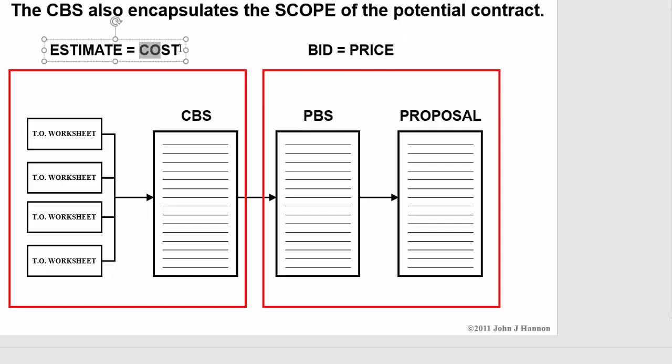So price and cost are very separate. Estimates and bids are very separate. So if you're an estimator, you'll be doing this work, not necessarily this work. Typically, it's bid by executives in the firm, in the building organization, that type of thing. If you're an experienced enough estimator, you may end up doing both sides of the equation.